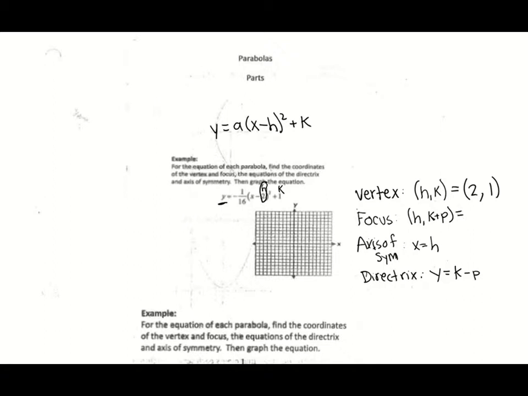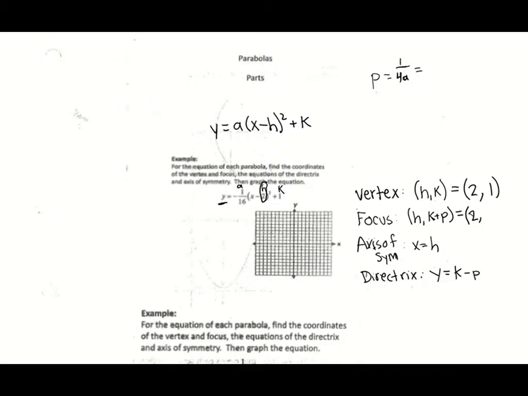Next, I want to find my focus, and I can find the first part. My first part is h, 2, but then I need to find p for the next part. My equation for p is 1 over 4 times a, and this a is on the bottom of my fraction, so I have 4 times a on the bottom, and here if I look at my value of a is right here.